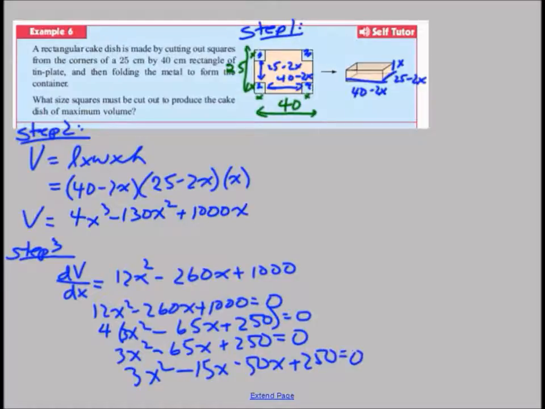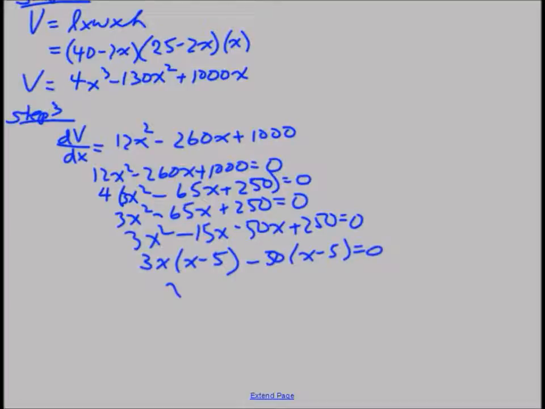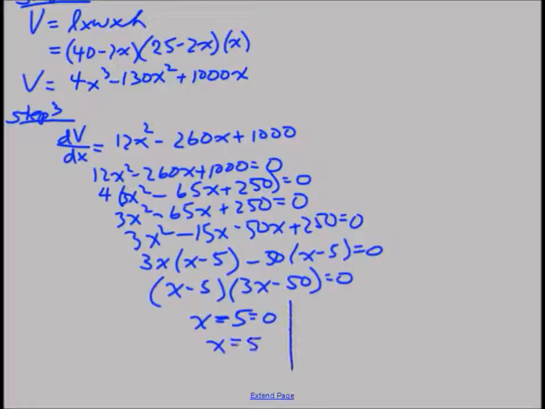And so on and so on. Just want to make sure you get the right middle term there. So x minus 5 equals 0, so x equals 5, or 3x minus 50 equals 0, x equals 50 over 3. So roughly 16.7.